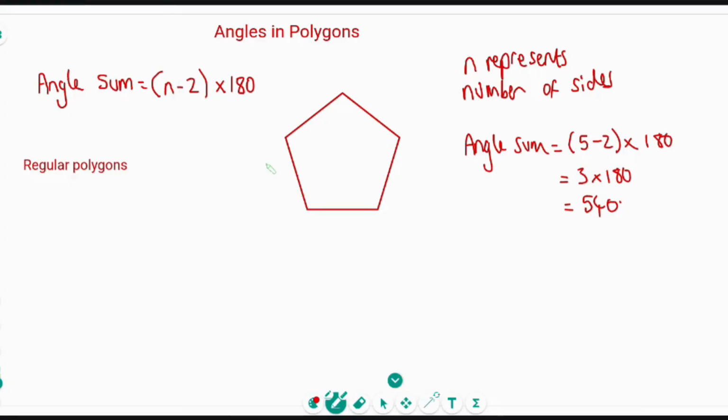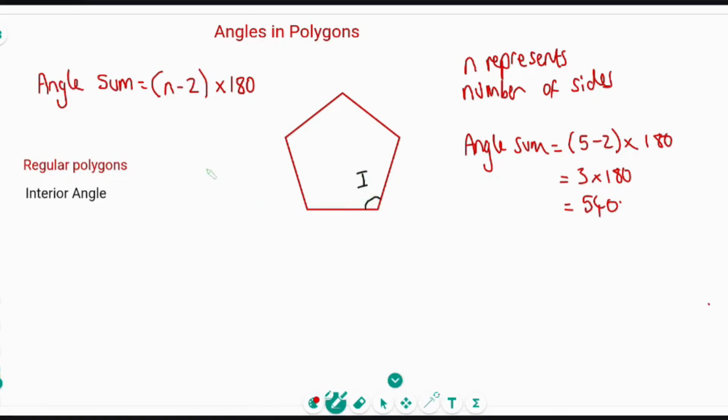Okay, so first of all, we're going to look at a formula for the interior angle. The shape has 5 sides, all the same length. All 5 angles are also the same. The interior angle is the angle on the inside.